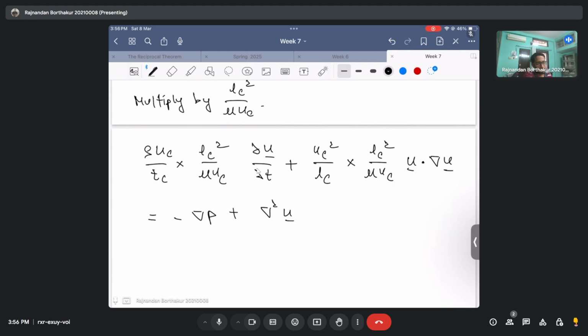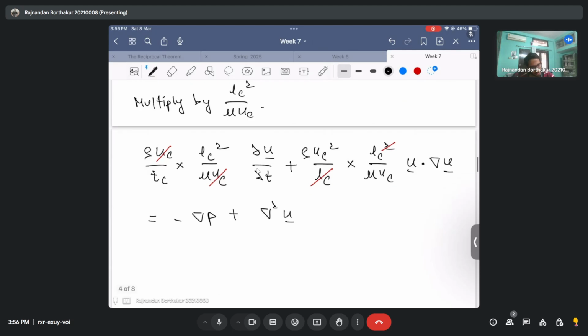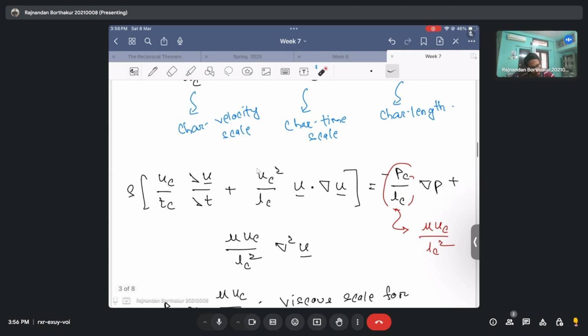I hope you are with me so far. It's just the non-dimensionalization that we have done again and again so far in this course. Okay. So if I simplify, then let's see what we get. This UC and this UC cancel here, and then I have this LC and this LC. And I should also have a rho here because the rho should be multiplied on both these terms, because the rho is multiplied outside the bracket.